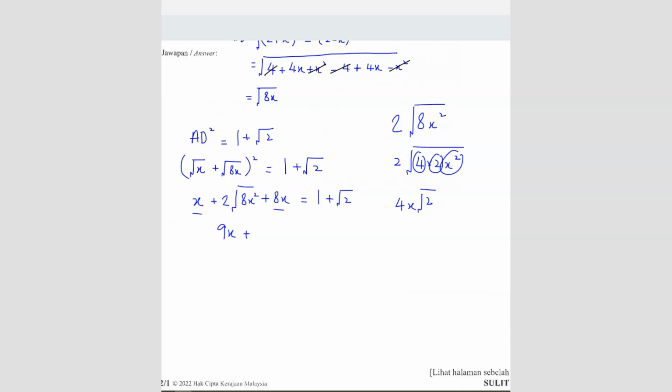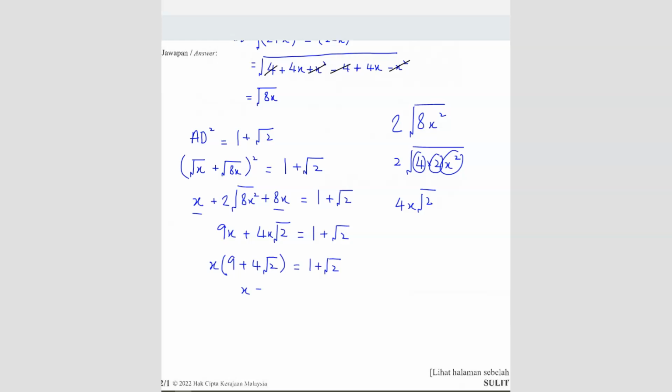So I'm writing like this because I want to factorize the x. Because the question is asking me to prove x, right? To prove x, I need to find a way to isolate the x. So in this case, what we can do is we can factorize the x. So 9 plus 4 square root 2 times x equals 1 plus square root 2.